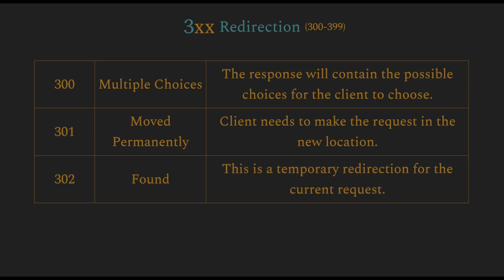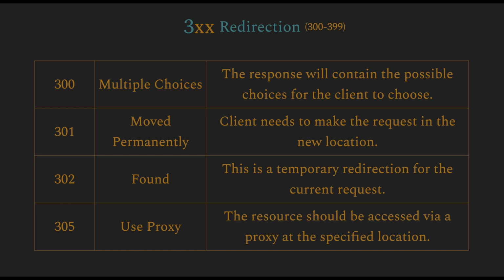This is a temporary redirection, and it only happens for the current request. When the client makes a new request, it has to still use the old location. 305 is use proxy, which means that the resource should not be accessed directly at the server, but it must use a proxy. This requires some more details, which we can see later.